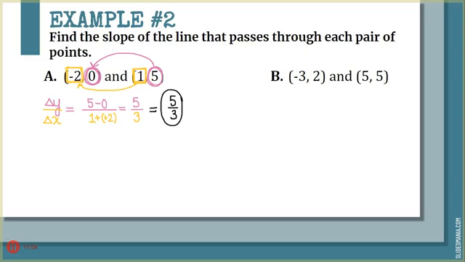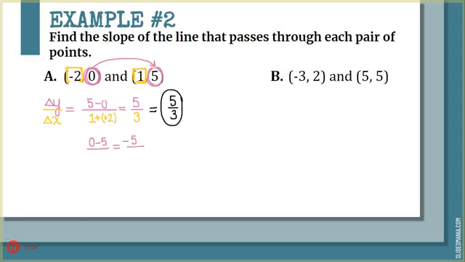I do want to call out or let you notice that you can go the opposite direction and you will get the same slope. So if you chose to start with the 0 first and you did 0 minus 5 for my change in y, 0 minus 5 would be a negative 5.